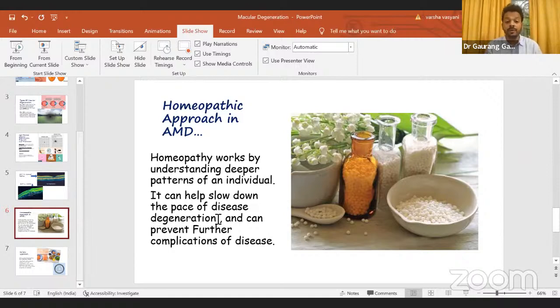That is the homeopathic remedy prepared from the snakes: Lachesis, Crotalus horridus, Crotalus cascavella, Bothrops. Typically, Crotalus horridus is one of the commonest remedies I've used.